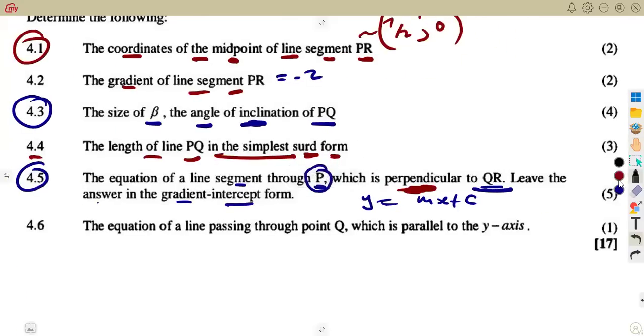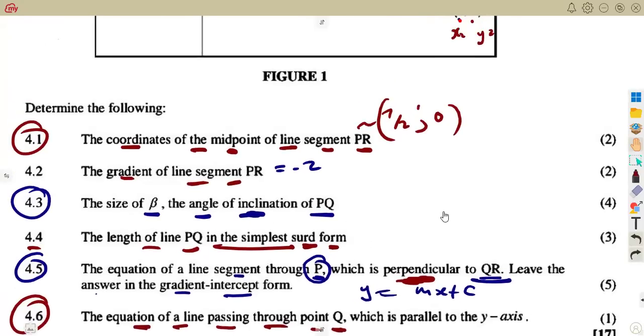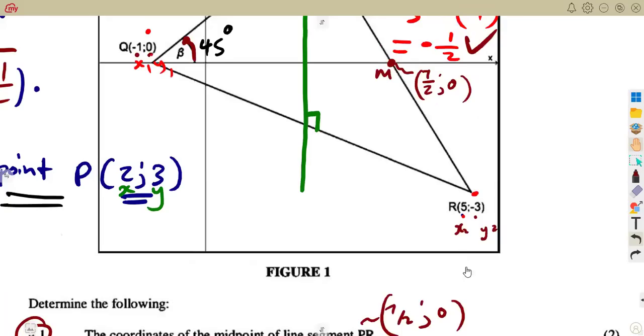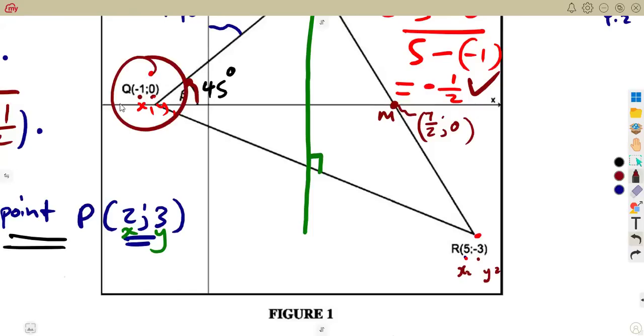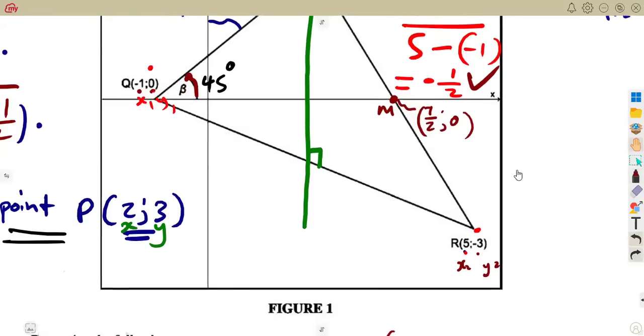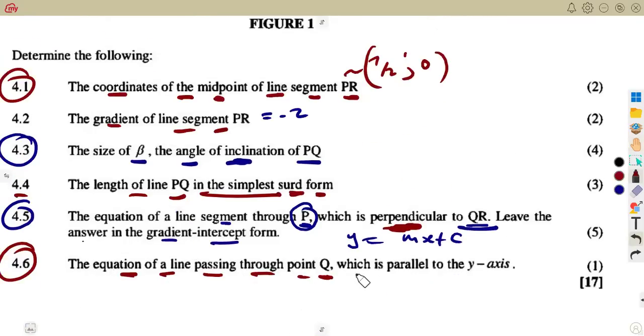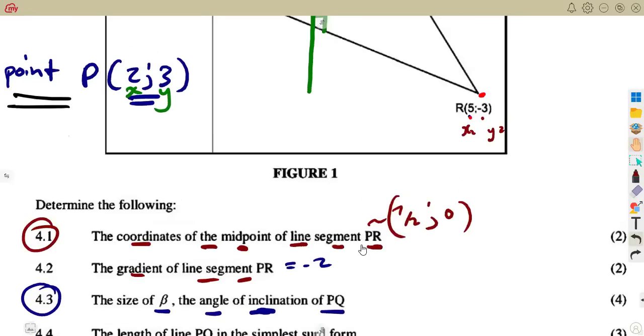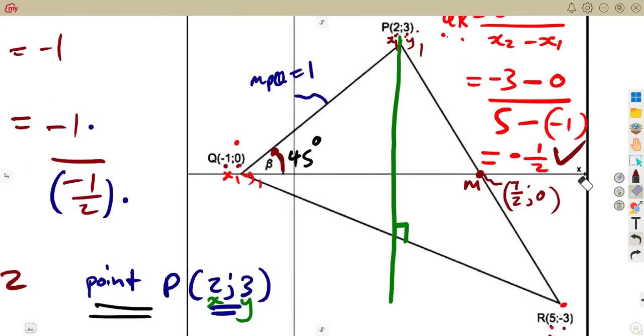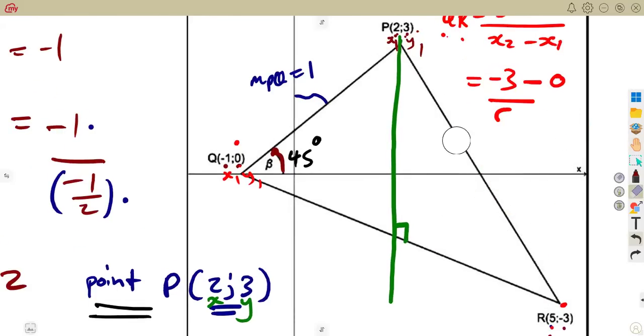All right. On question 4.5, the equation of a line passing through the point Q, it must pass through Q. This is where we have our Q. It must pass through this point. But not only that, it is parallel to the y-axis. As it passes through this point Q, it must be parallel to the y-axis.